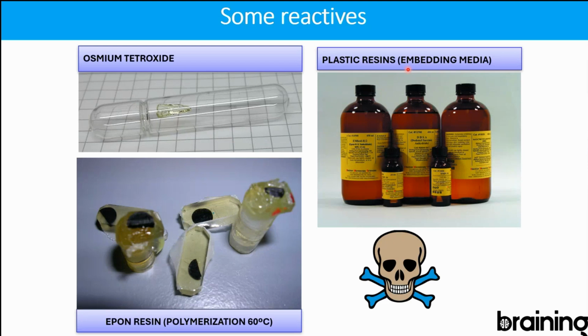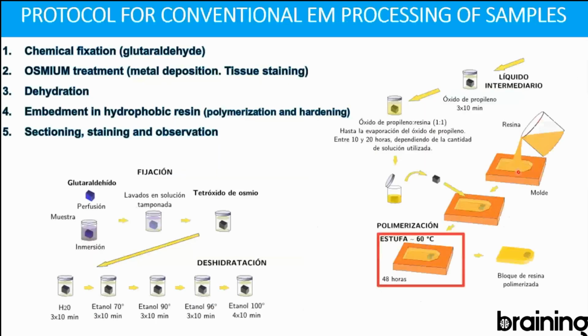Then the plastic resins: depending on the tissue you want to section, you have to make different mixtures. But that is actually specified by the manufacturer. When you get the resin, they tell you exactly the mixture you have to make in order to get the proper one for your tissue. Once you have done this process, the resin is poured in the mold, and then you put it in the oven.